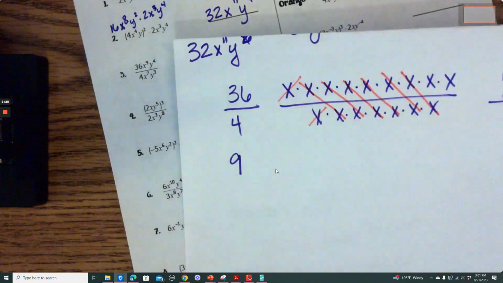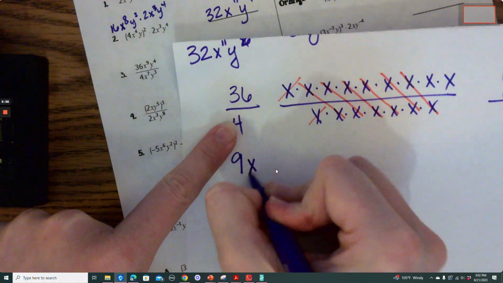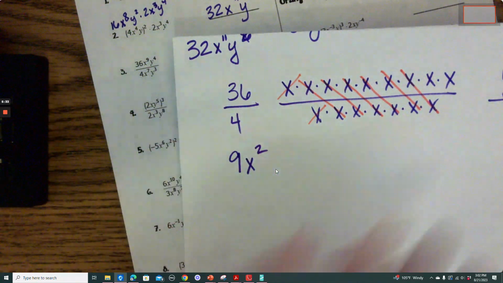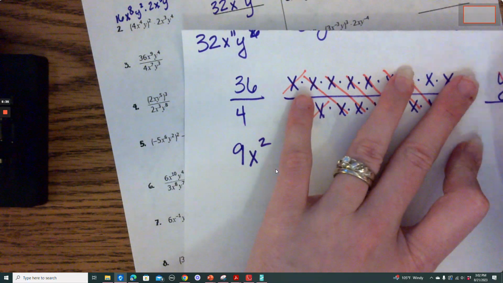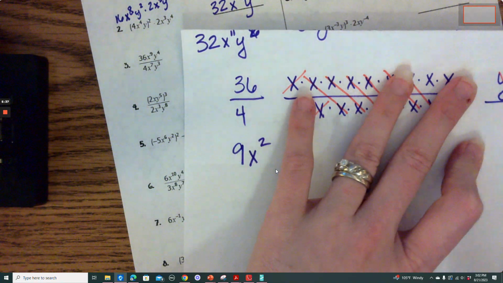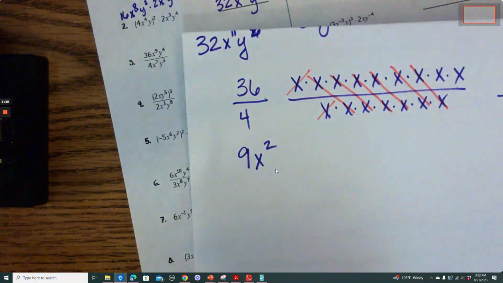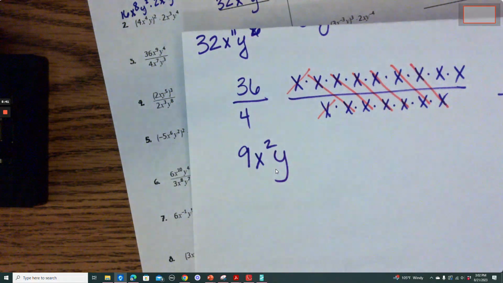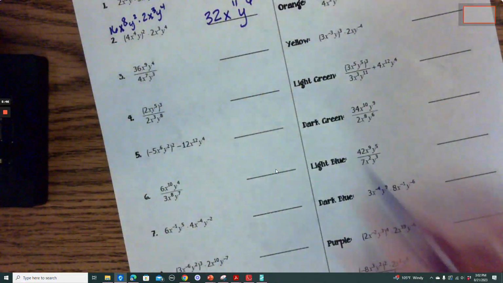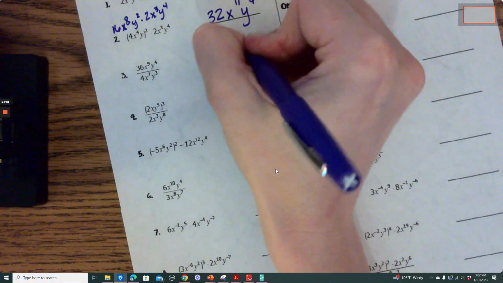I just have 2 left on the top. So x squared. And then the same thing here. Cancel, cancel, cancel. A y left on top. Okay. So 9x squared y.